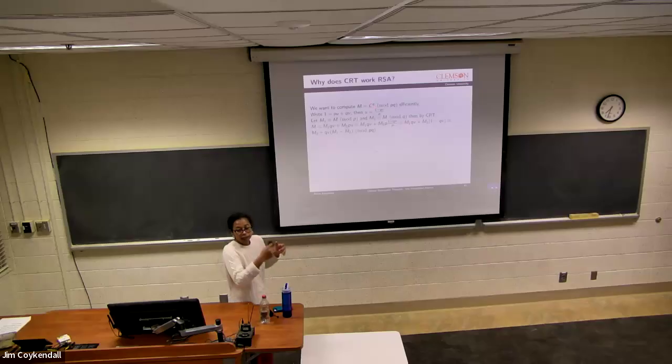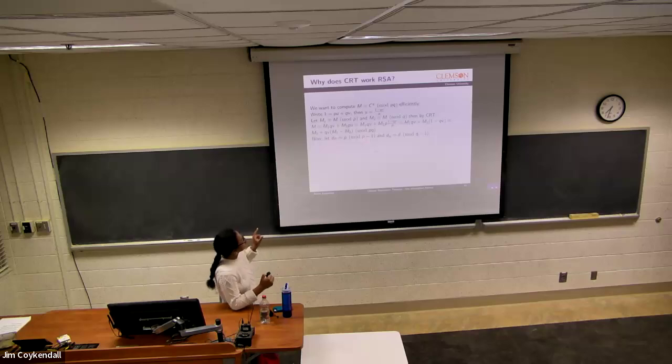And you may be wondering, but it's still difficult. I still need to compute C to the power of a big number. Why do I bother doing that? Now, instead of using this big D, we are also going to take its remainder modulo p minus 1 and modulo q minus 1. Why can we do that?